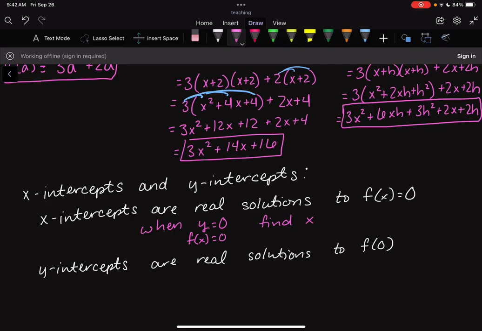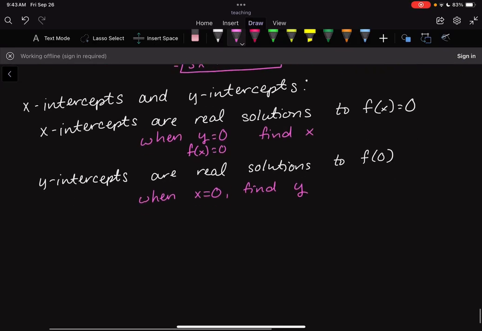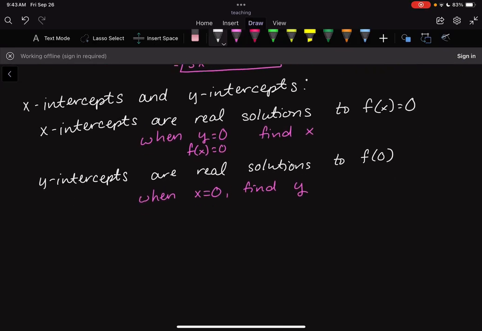And what's going to happen there is that you're going to be on the y-axis whenever you're graphing. So for this one, when the x equals 0, we'll have to find the y value. And again, this will be important for us, especially as we start graphing soon.